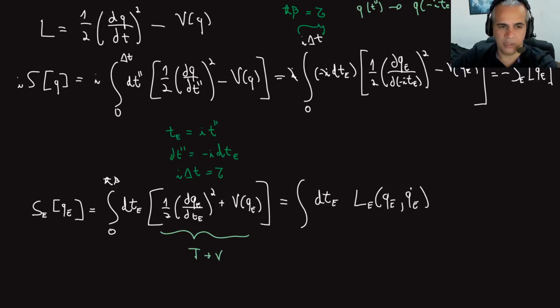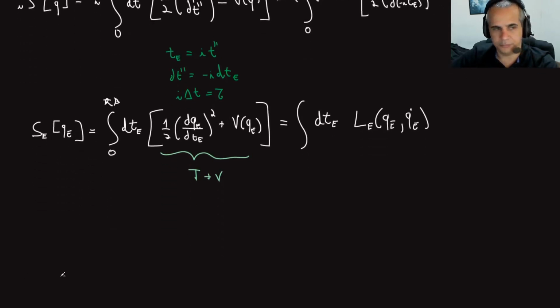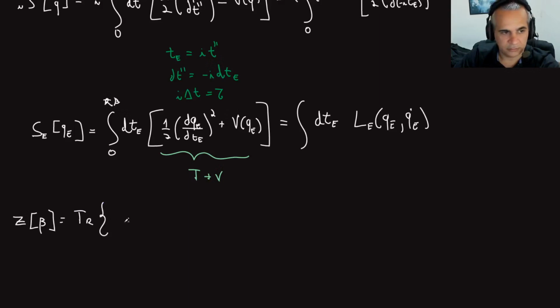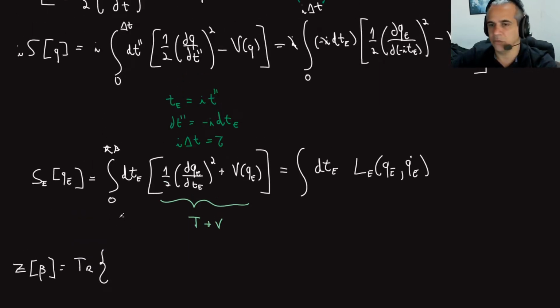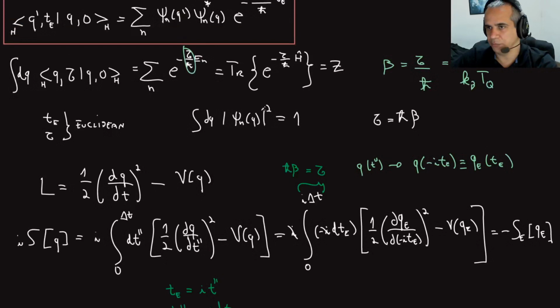And then I'll obtain the following, right? This Z of beta, which I already showed above, that is the trace. So I have shown these.